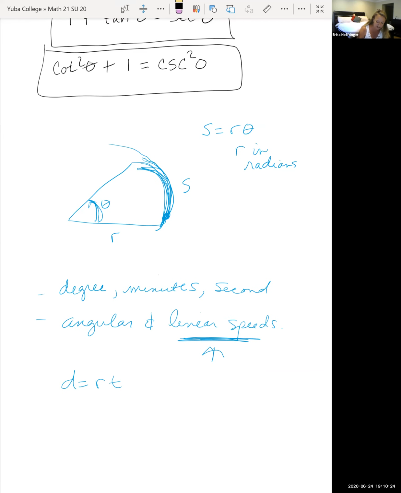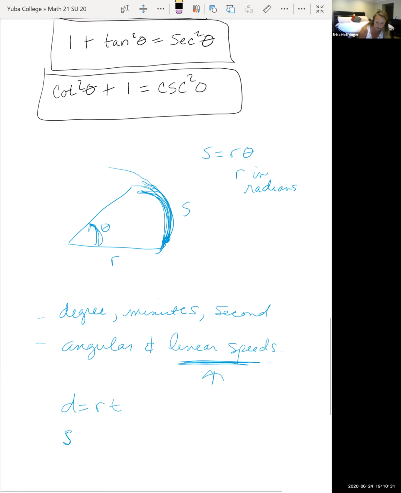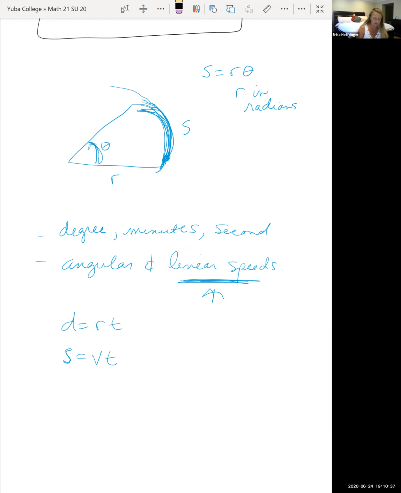They use V and S. So the distance S is equal to V times T. And if I want to get velocity, speed, I would divide both sides by T. So my linear speed is V equals S over T, where S, remember, is R times theta. So that's linear speed.